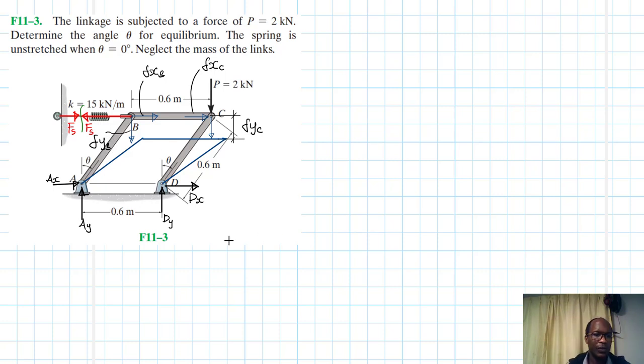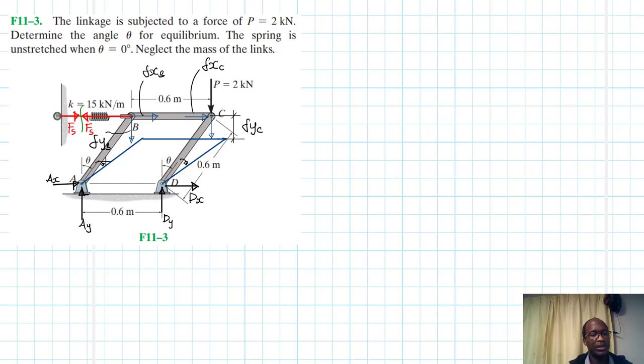Okay, where else? Of course, at A there is just a rotational displacement, but we don't have any couple moment there. Okay, so we have all those displacements there. Of course, we also have a movement there like so, a rotation and so on.